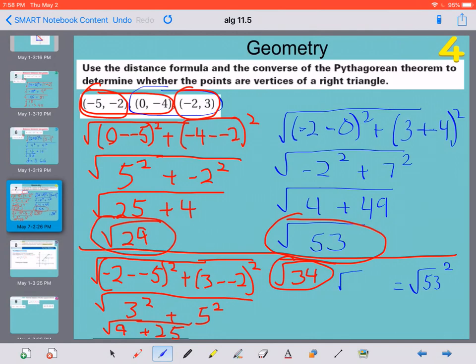We have the square root of 29 squared plus the square root of 34 squared. The square roots cancel out, so we get 29 plus 34, does it equal 53? 29 plus 34 gives me 63. 63 does not equal 53, so this is not a right triangle.